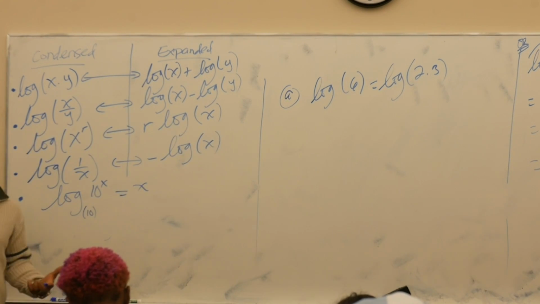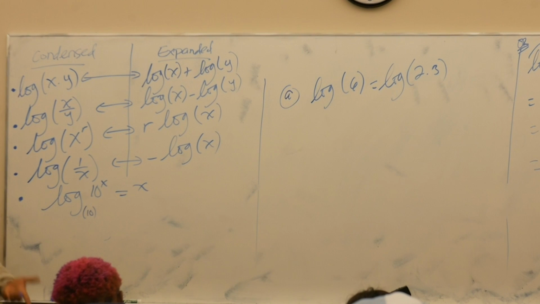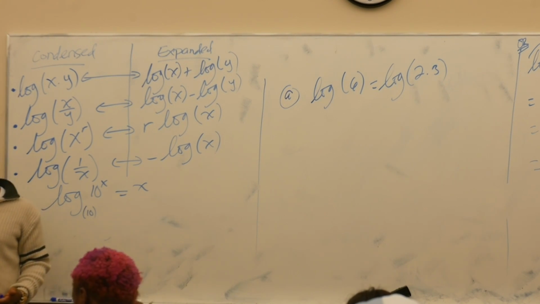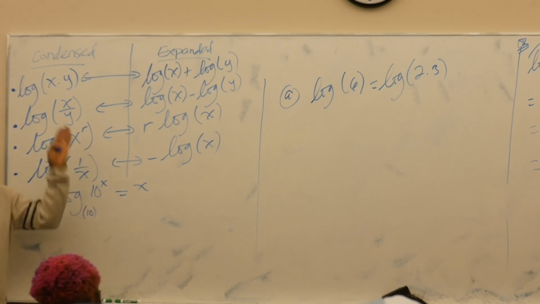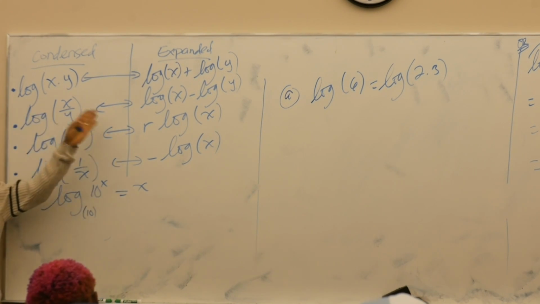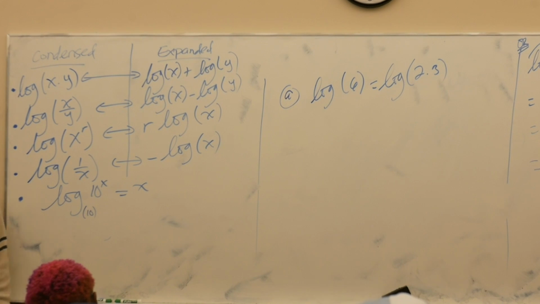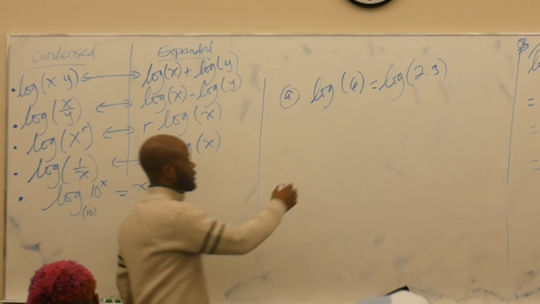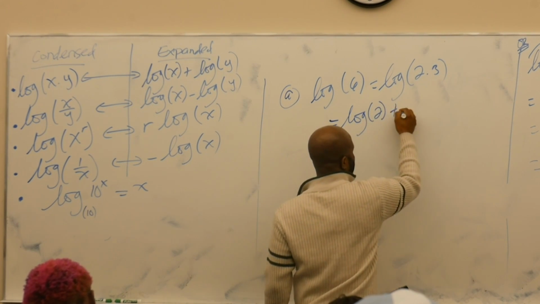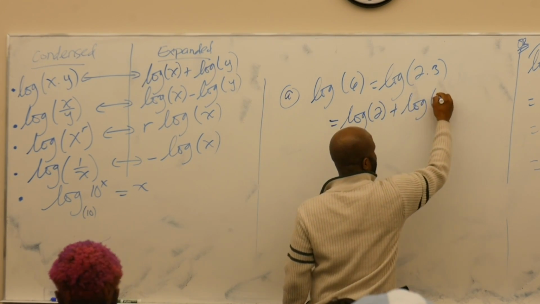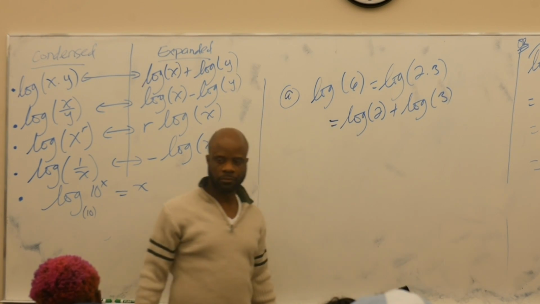Right? Doesn't change anything because 2 times 3 is 6, and 6 is what we're given. Now I have a multiplication in there. Which property do I apply to expand it out? First property. So this is the log of 2 plus the log of 3.